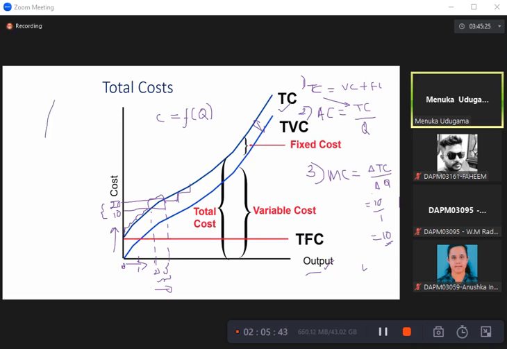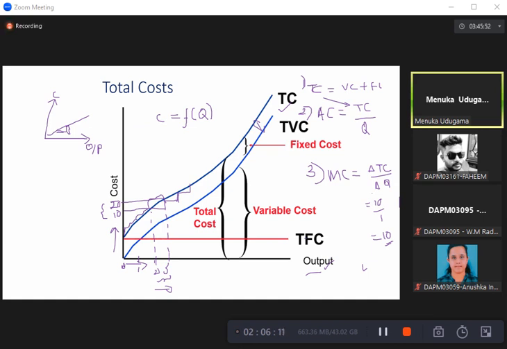Slope. This is the cost, this is the output. The amount by which the cost increases when output increases by one, the change in C divided by the change in output. We call that the slope. Marginal cost is actually the slope of the total cost function.